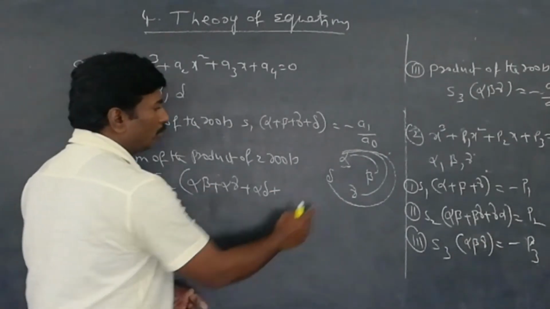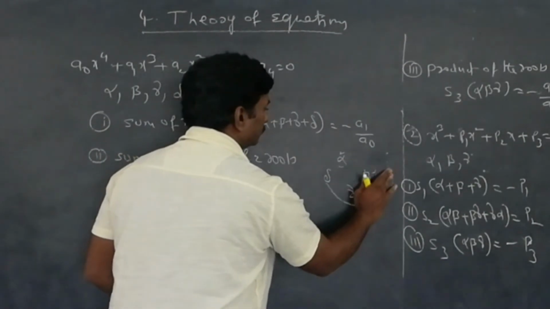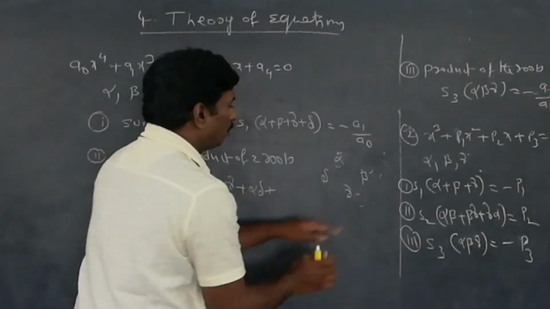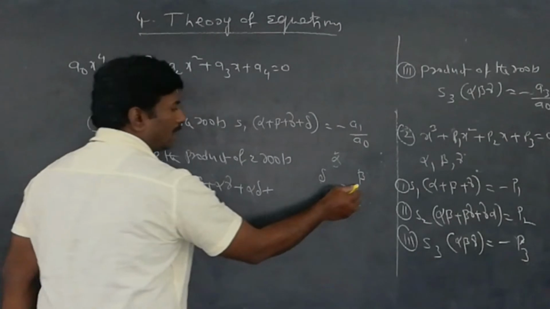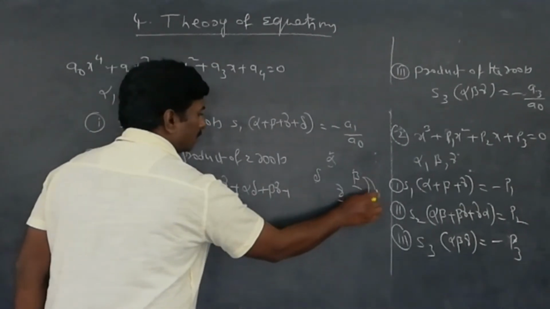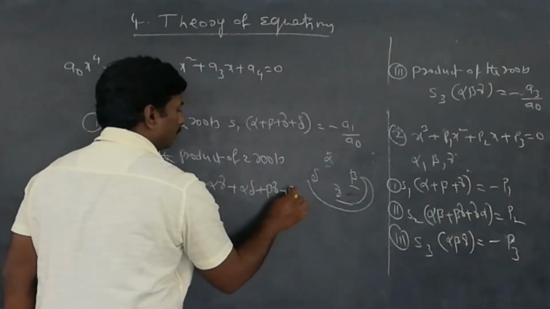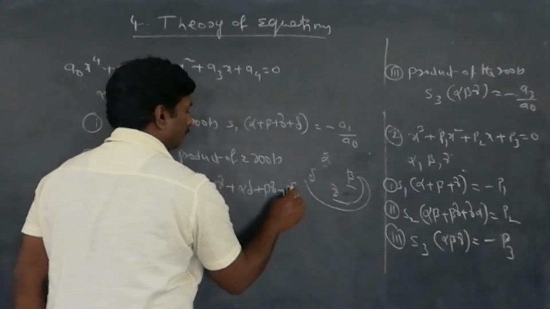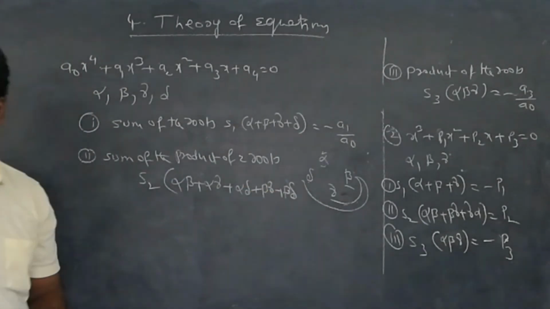Plus now move into beta. Start from beta now: beta gamma plus beta delta. Right? So here there are 2 conditions only.